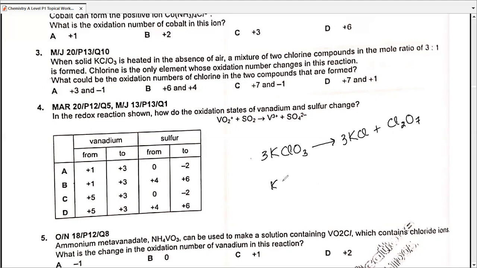Okay, let's try this one out. Wait a second. That's not it. That's not how it would work. This one would work.